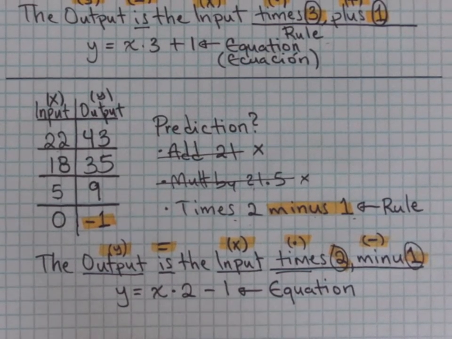All right, so let us finish like this. I want to take the exact same T-chart that we just did, and I want to make a suggestion on how I think I would like you to organize it.